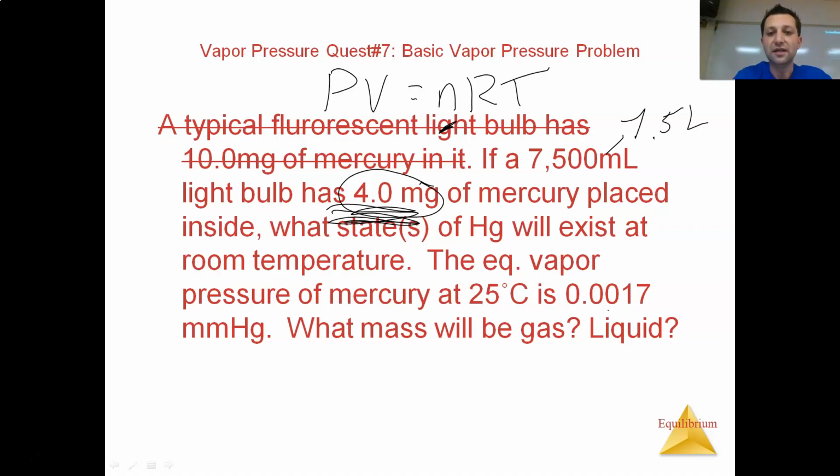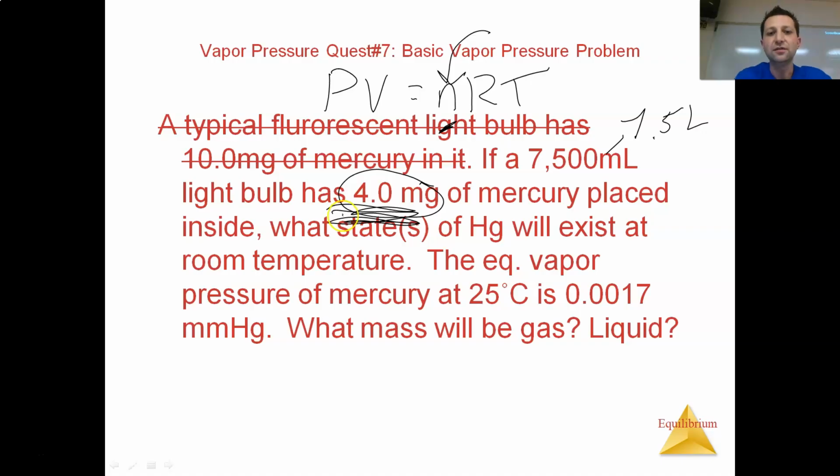You could also take your equilibrium vapor pressure, your temperature, and your volume, put all of that in PV equals nRT, and solve for moles of mercury. Then convert moles of mercury into grams and then milligrams and compare it to 4.